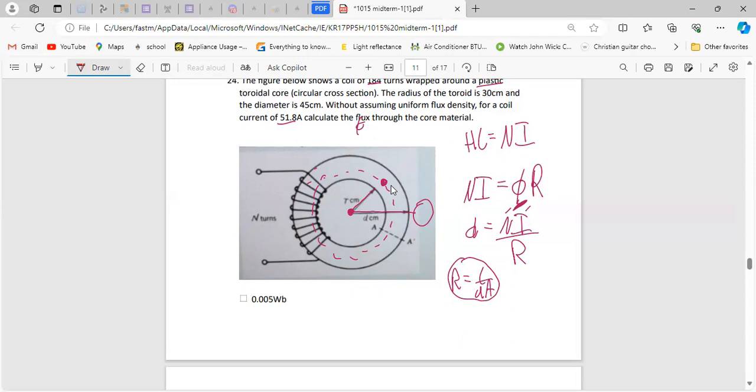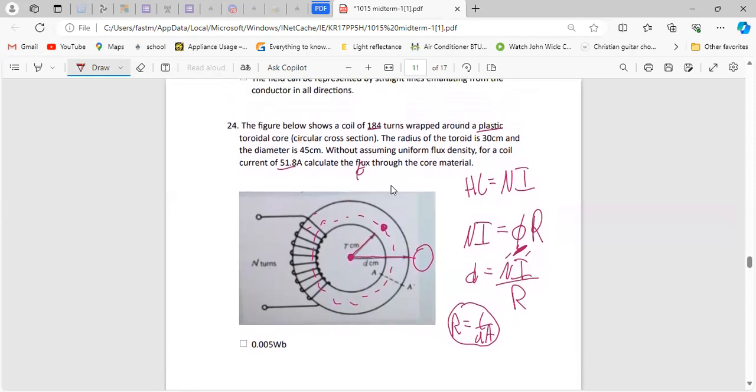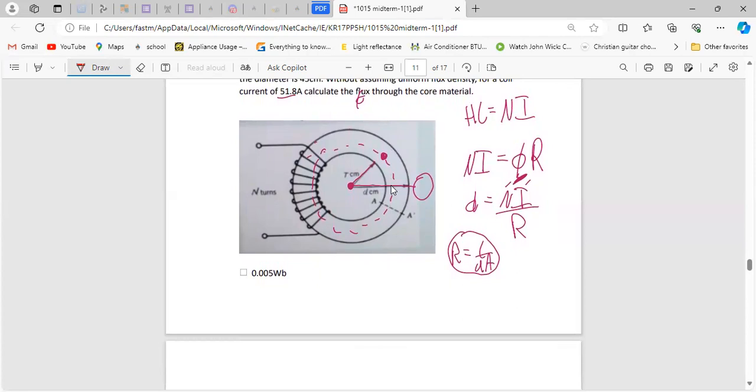They said 30 and 45. 45 has the smaller piece inside, so that means this here is 15, because 30 plus the piece outside gives you 45 on the outside. Half of 15 is 7.5, so from here to here it will be 30 plus half of 15, so you get 37.5.